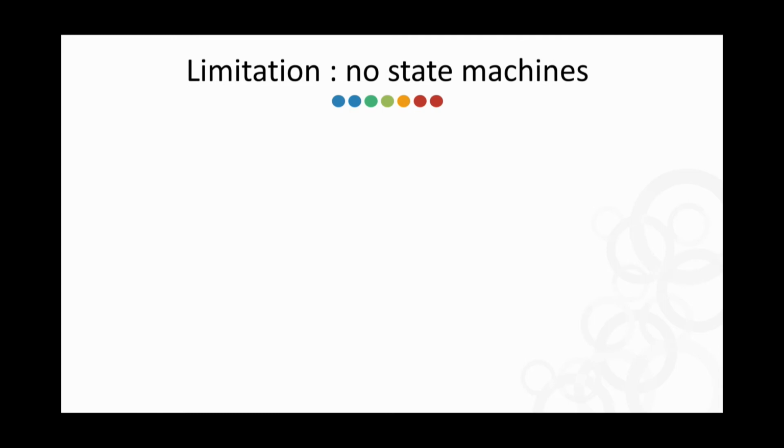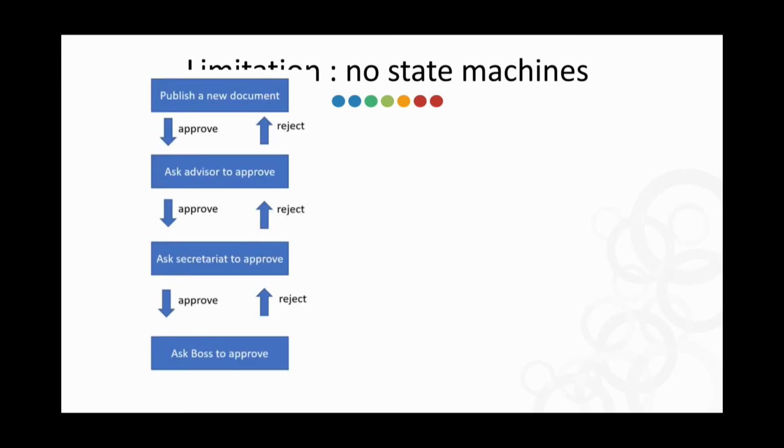Okay, there is no state machine. Who knows what a state machine is? We have states, you can go from one state to the other, etc. Okay, so we have that actually in SharePoint Designer 2013, right? So there are some situations where you need to do this. Someone creates a document, and then you ask a person or a group of people called advisors, I should have put an S here, to approve.